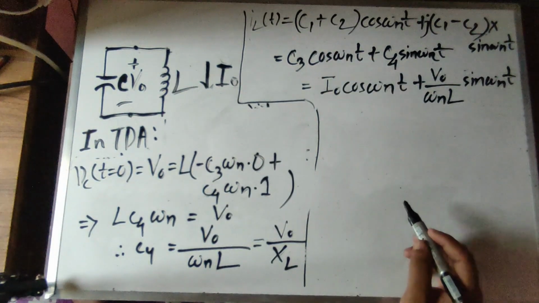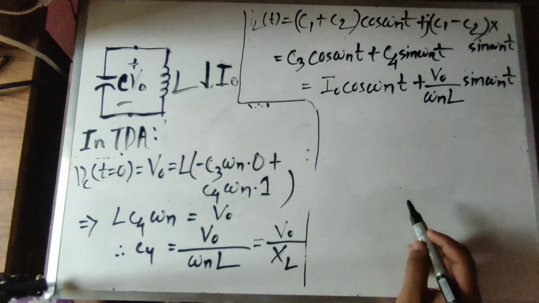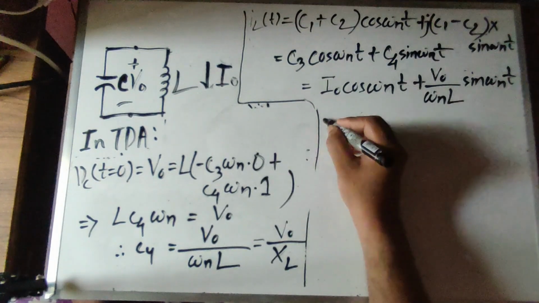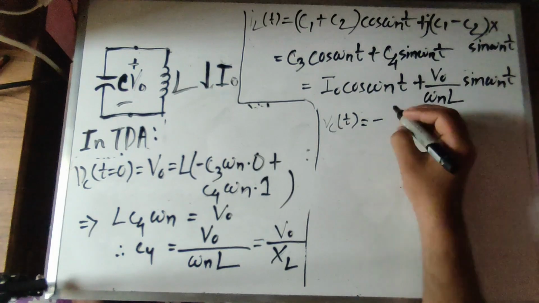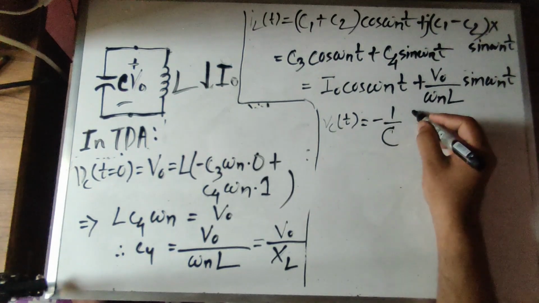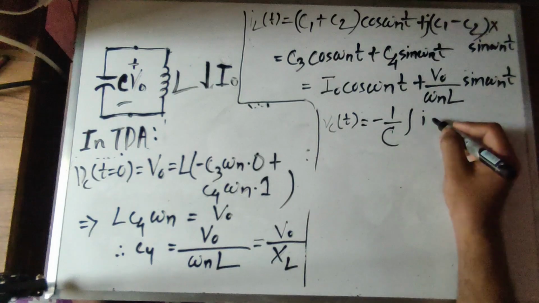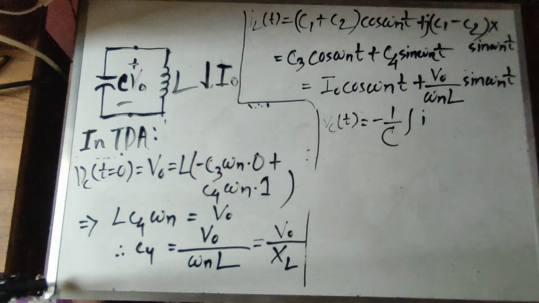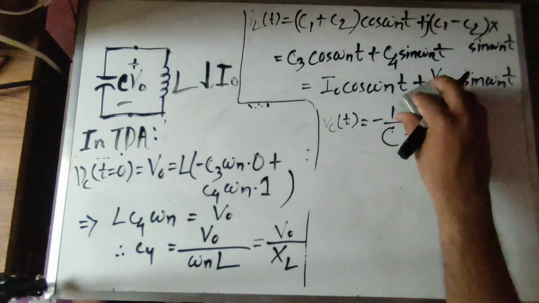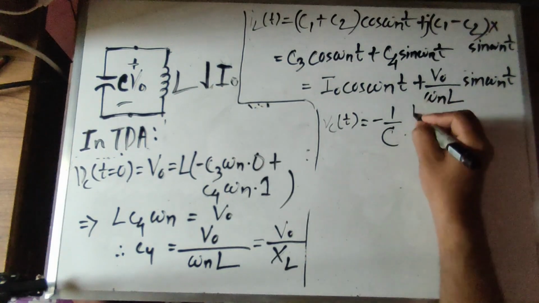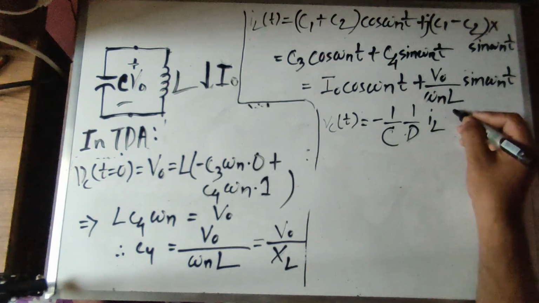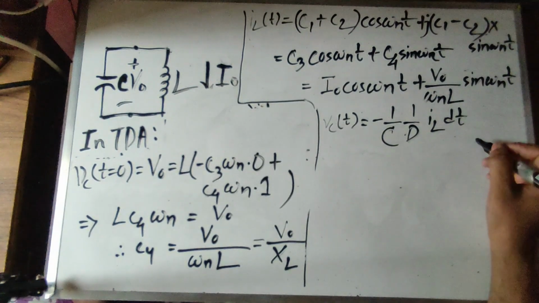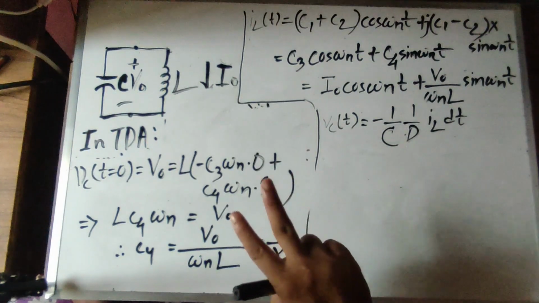Now the voltage, we can get very easily. We will use VC t equals minus 1 by C, say this is 1 by D, 1 by D IL dt. If you remember the equation number 2, we are using that.